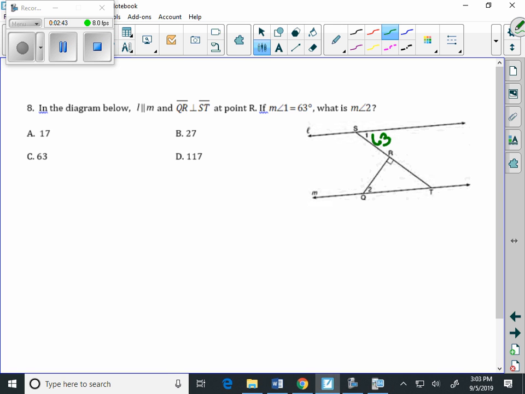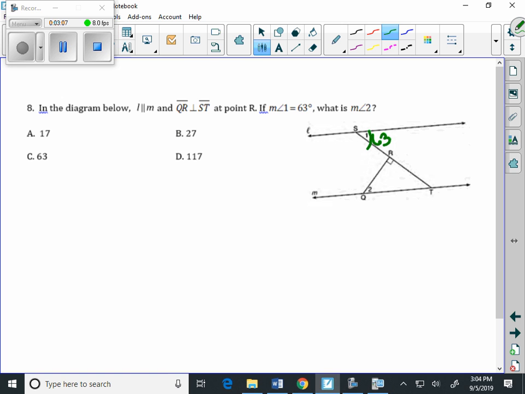Well, a couple of thoughts here. I look at that triangle and I see that it's a right triangle, but it's the two parallel lines cut by the transversal being segment ST.